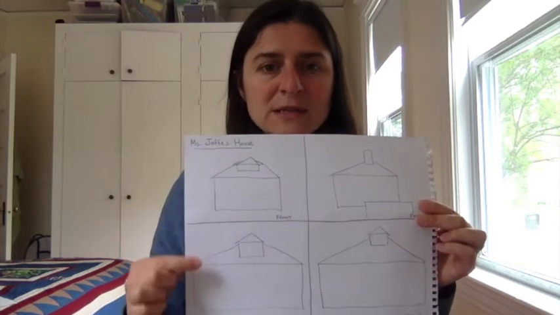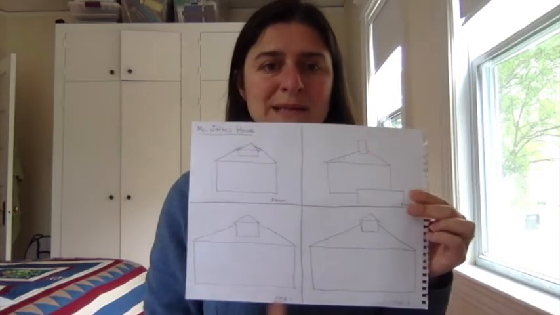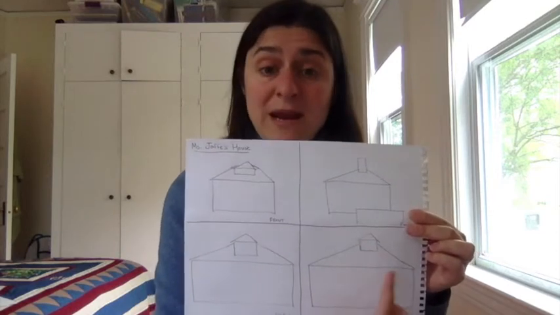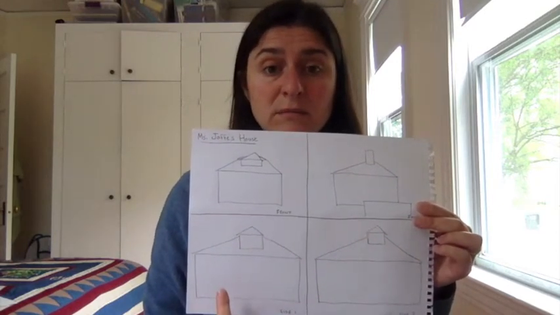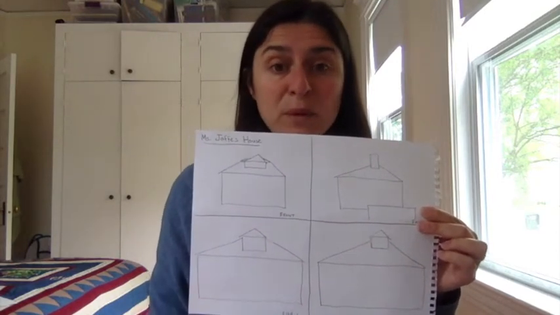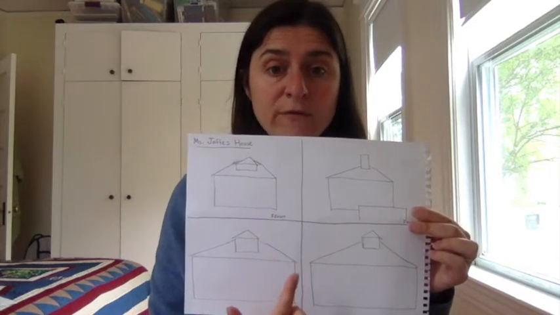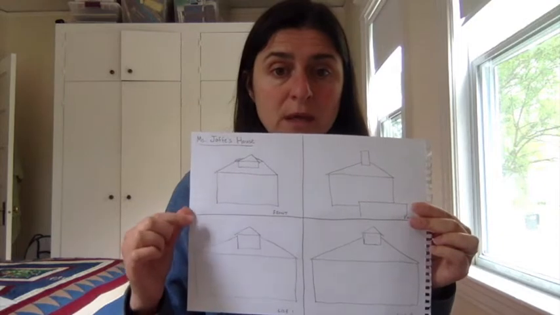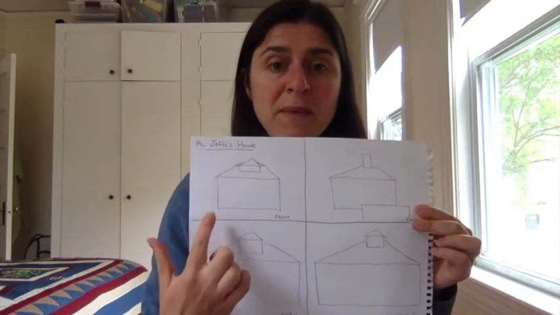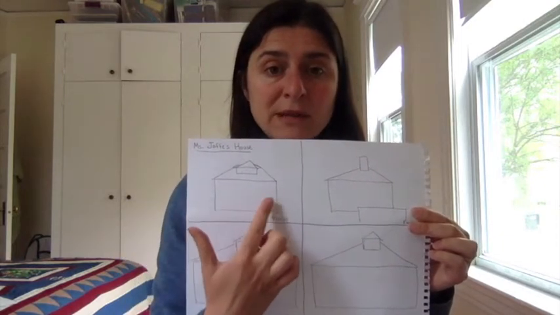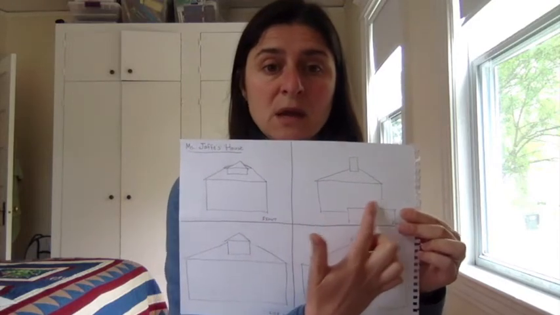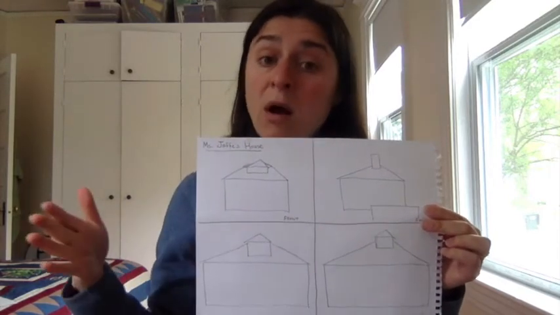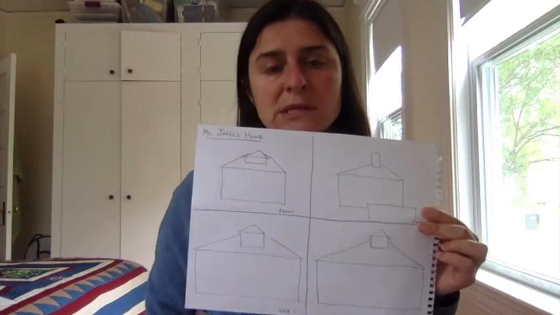One thing I noticed was that the front, back, and sides had a lot of the same shapes. Like the two sides look pretty much identical. They're made of rectangles and triangles. Same with the front and back, although the rectangles on the front and back of the house are not as long as the rectangles on the sides of the house.